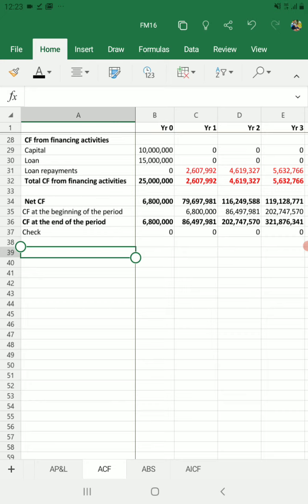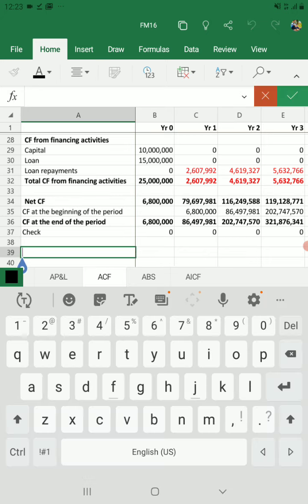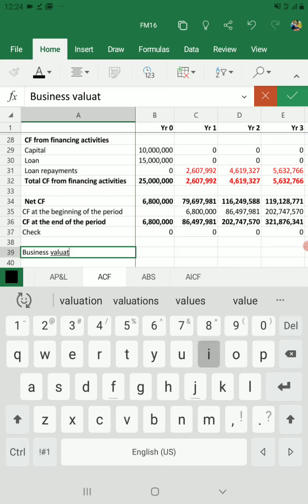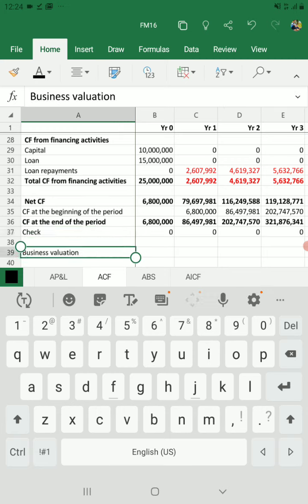So I am in the projected annual cash flow sheet here, and here is where we are going to do our tutorial. So I double tap here to type business valuation. Okay, here is where I will do my business valuation.